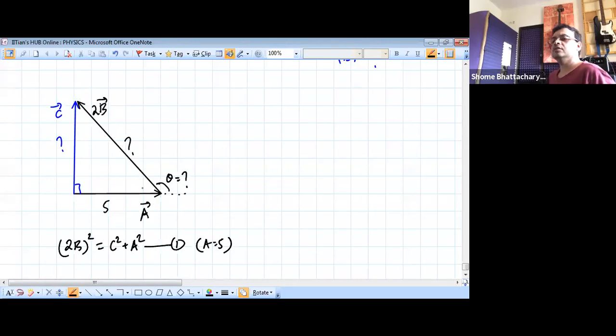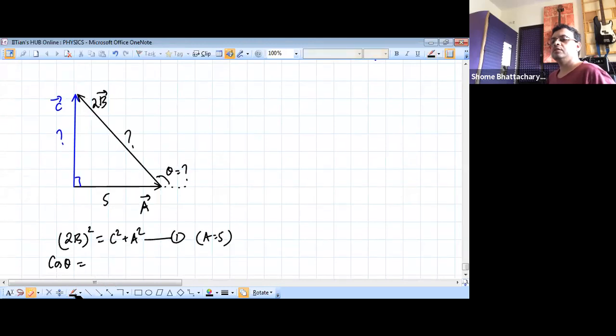And if you look at this, we have cos theta, which is cos of... you can write cos theta as minus of cos beta, let's say.